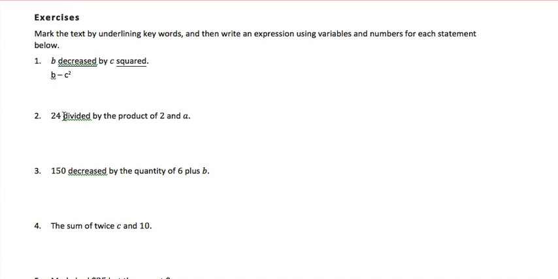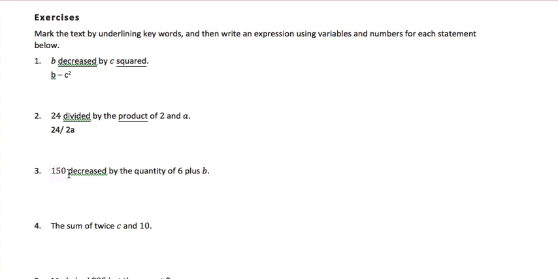In number 2, 24 divided by the product. So we have division and multiplication. We're going to do 24 divided by the product of 2 and A. 24 divided by 2A.